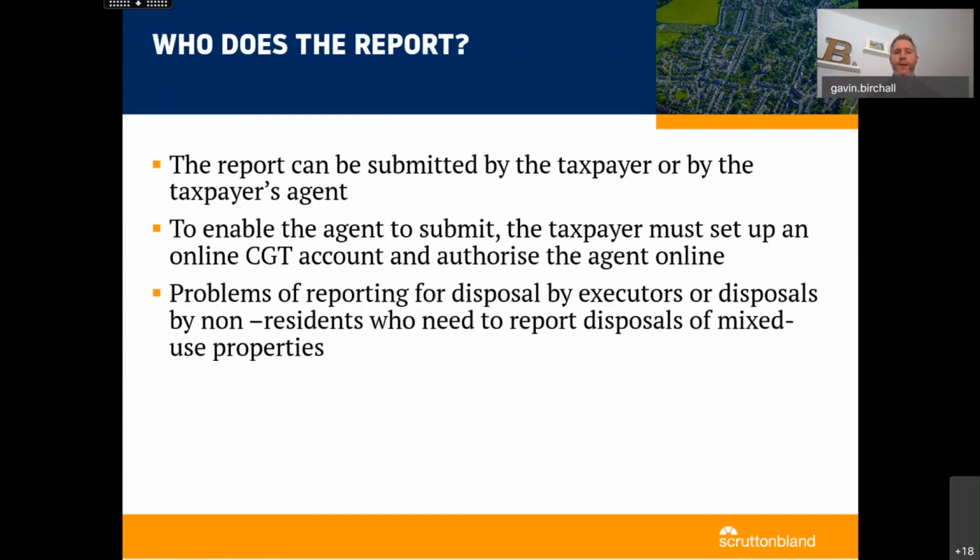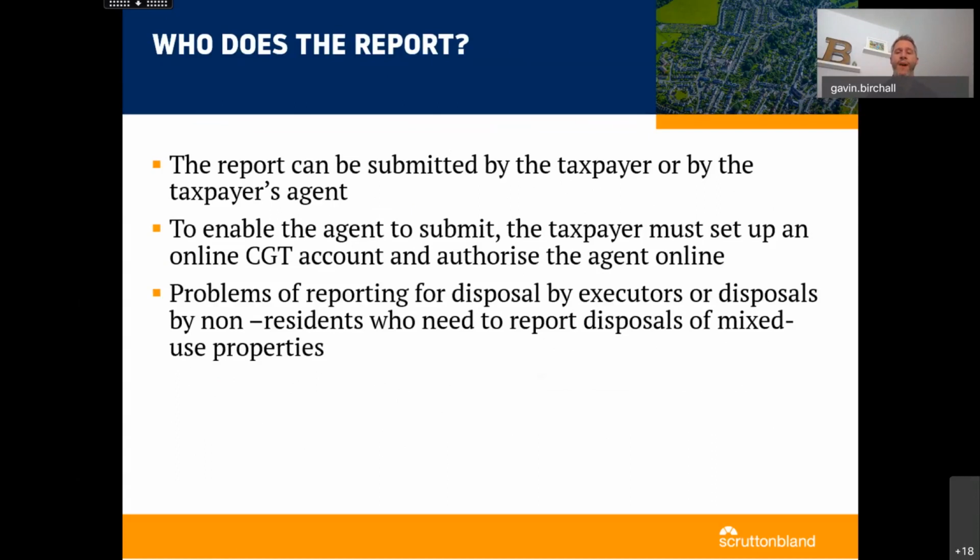So the report can be submitted by you as a taxpayer or by the taxpayer's agent, but it's really important that if you would like the agent to submit on your behalf, then you must set up an online capital gains tax account and authorise the agent online.